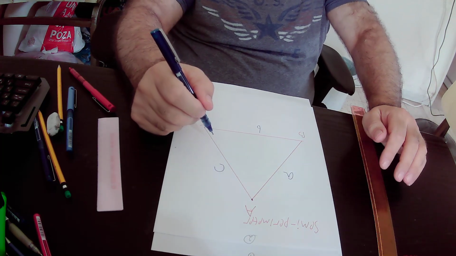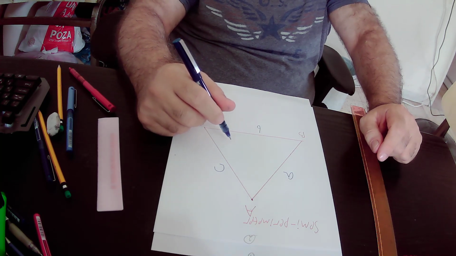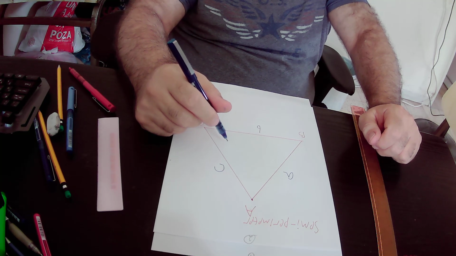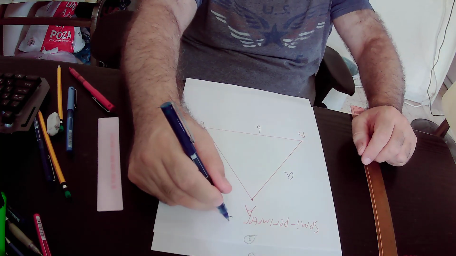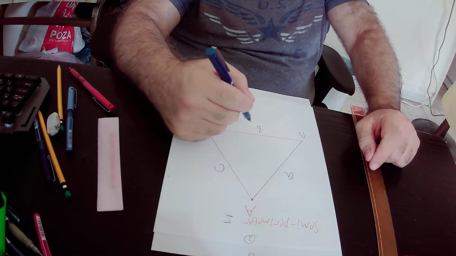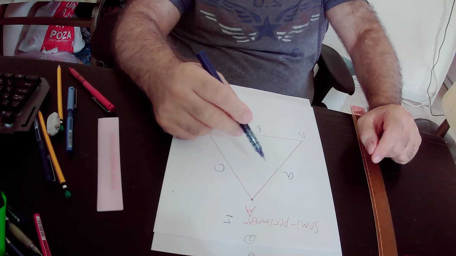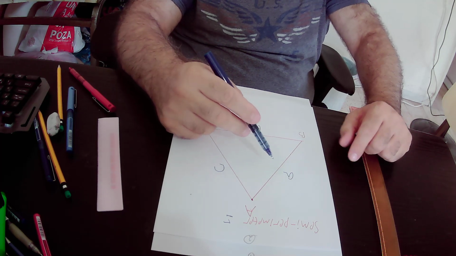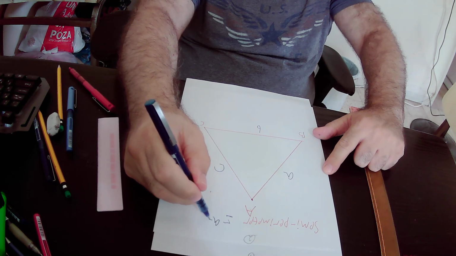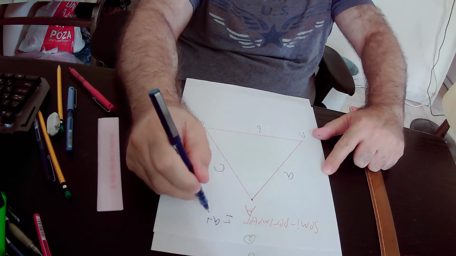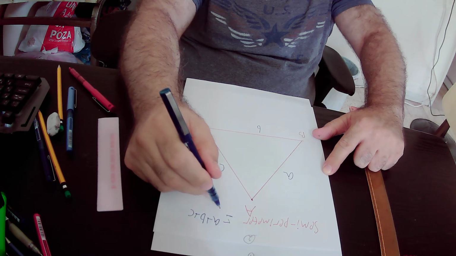then the semi-perimeter of this triangle ABC will be equal to the perimeter of triangle ABC, that is the sum of its sides, that is to say A plus B plus C, over 2.